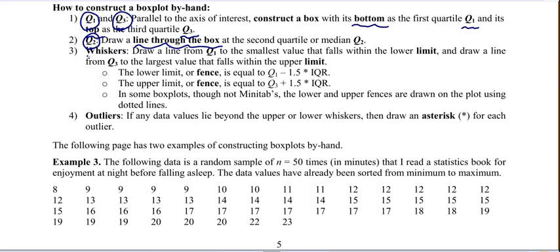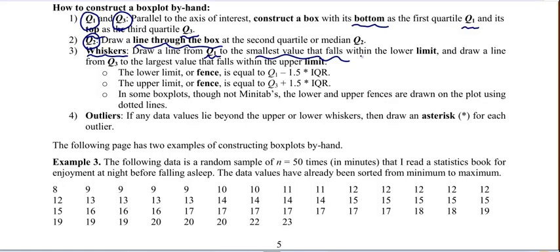Now the whiskers, and I've been a little bit mysterious about this limit. For the lower whisker, we start at Q1 and go to the smallest value within the data set that's within some limit.